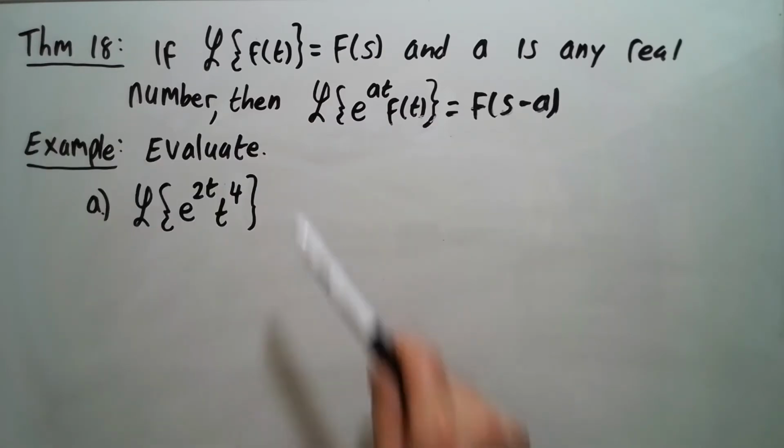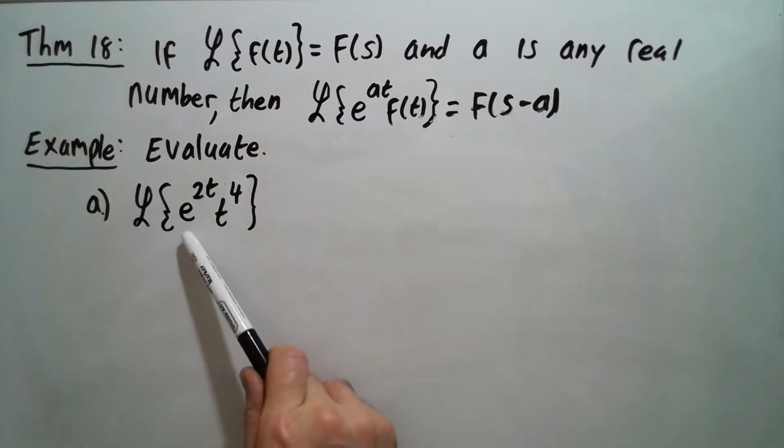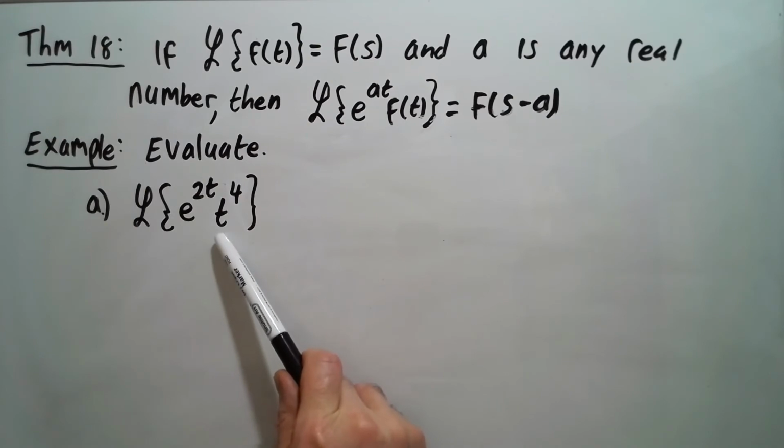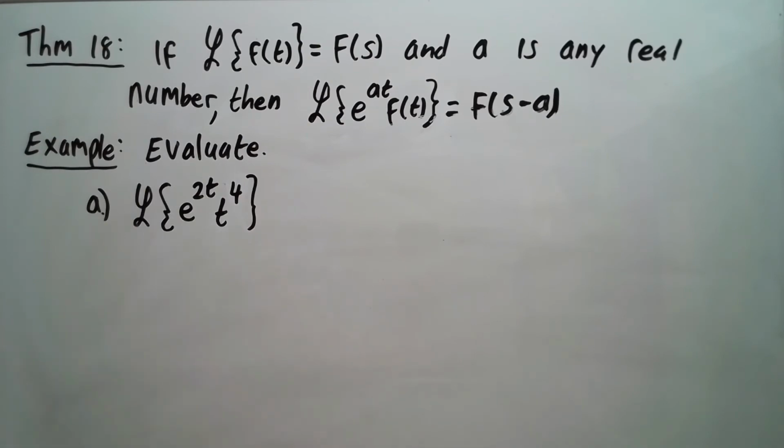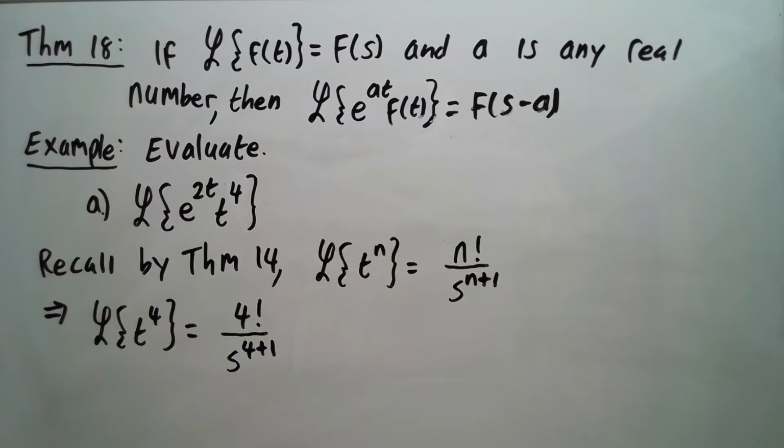So example, let's evaluate the Laplace transform of e to the 2t, t to the fourth. Let's recall some things here. Okay, so recall from Theorem 14 that the Laplace transform of t to the n is n factorial over s to the n plus 1. So in particular, the Laplace transform of t to the fourth is when n is 4.